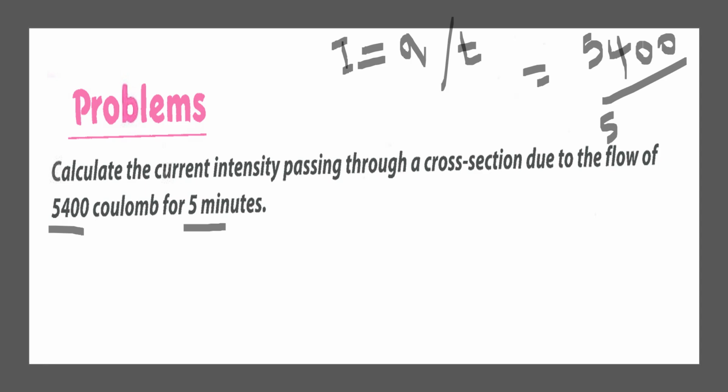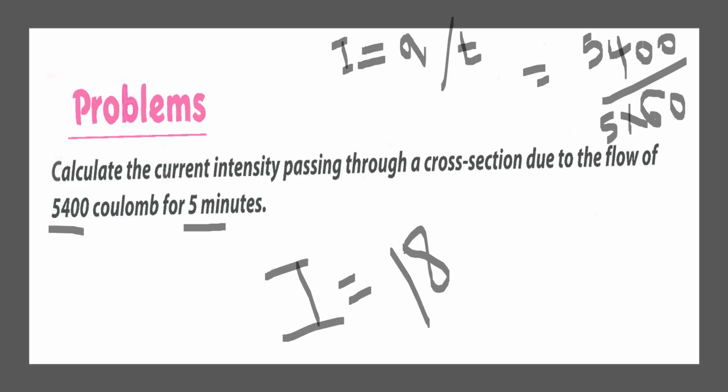You have to change it into seconds, so it will be 5,400 over 5 multiplied by 60. So the current intensity will be 18 ampere. The measuring unit of the current intensity is ampere.